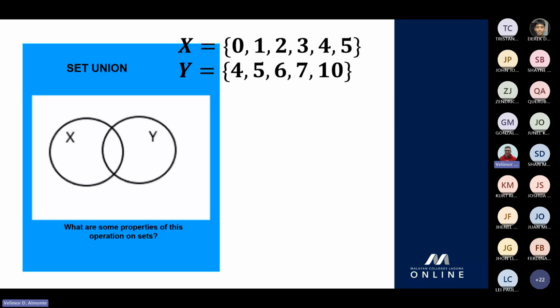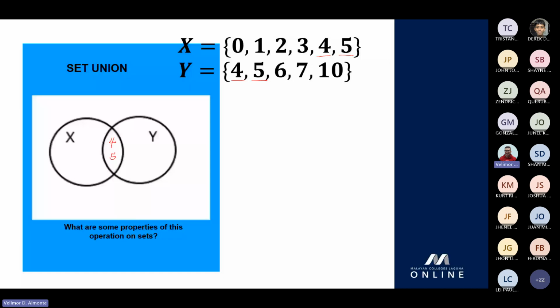That's just a bigger set where we get our sets, so I don't need to specify that. Okay, observation: 4, 5 are common to both, so I'll put them here in the overlap.